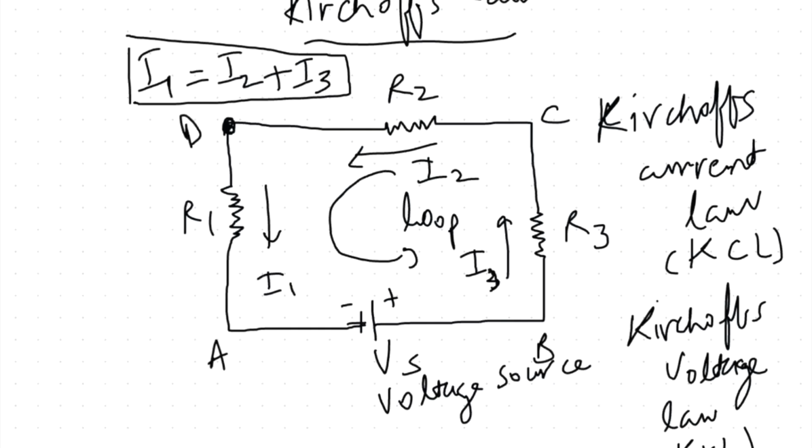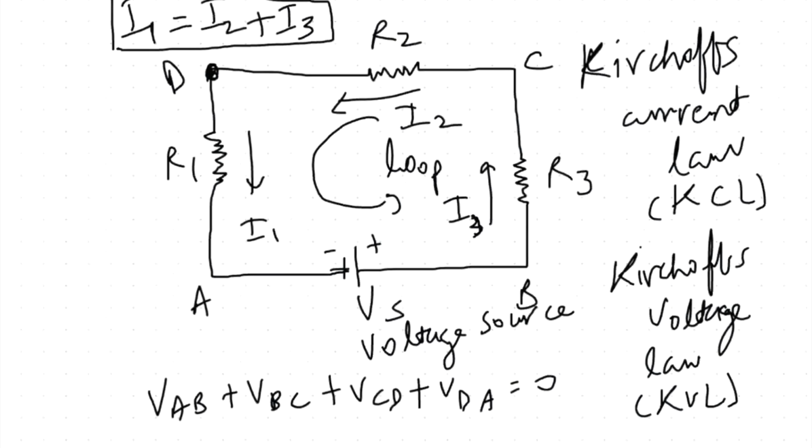So we can say that VAB plus VBC plus VCD plus VDA is equal to zero. So all of the voltage drops across any given resistance is always equal to zero in a loop. That is Kirchhoff's voltage law.